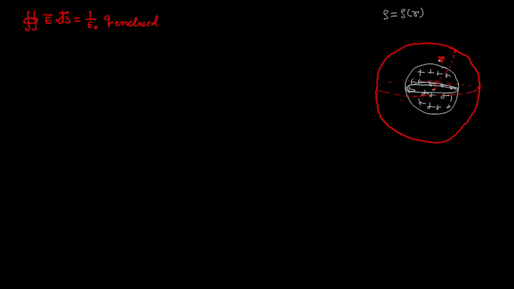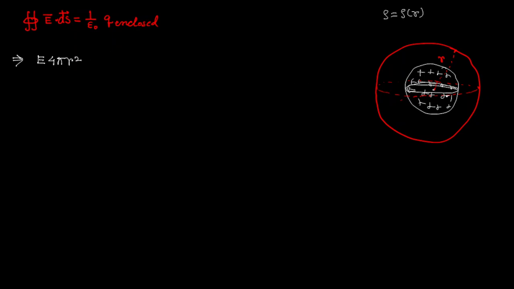Once we draw this Gaussian surface, in the next step we simply replace this integration by this result, E into 4 pi r square. That is the beauty. We are replacing such a complicated surface integral with a simple result without a second thought.